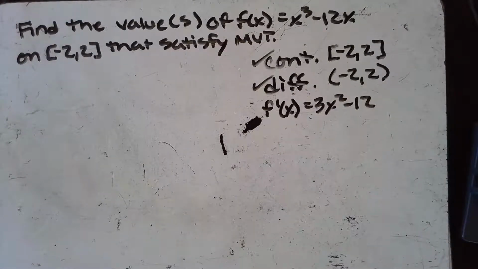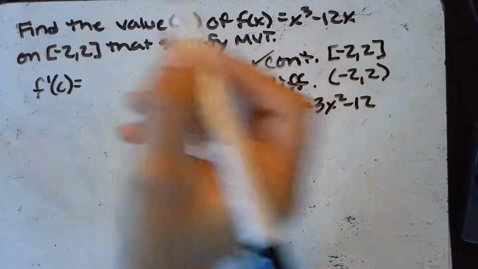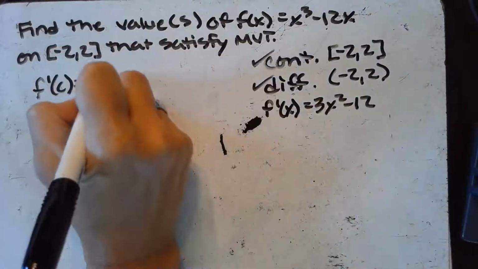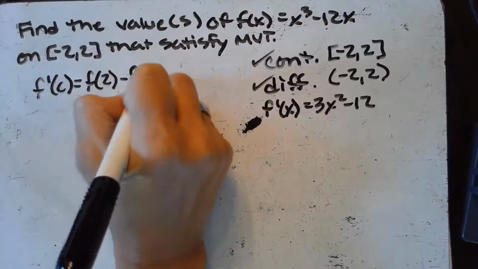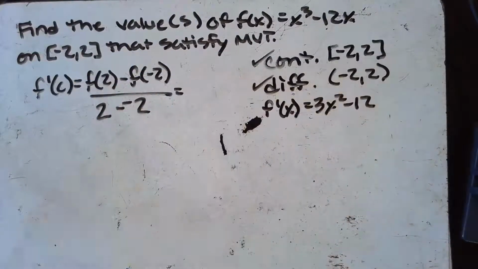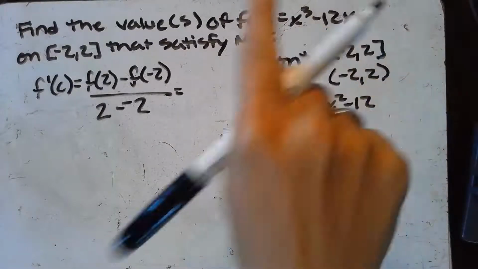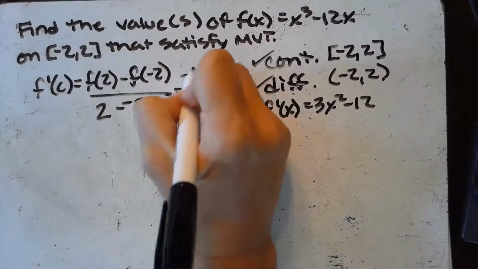So now we can apply MVT. So f prime of c equals, we're going to do f of 2 minus f of -2, and then we do 2 minus -2. All right, f of 2, if I plug it in, and I'm plugging it into the original function, not the derivative, okay, f of 2 is -16.